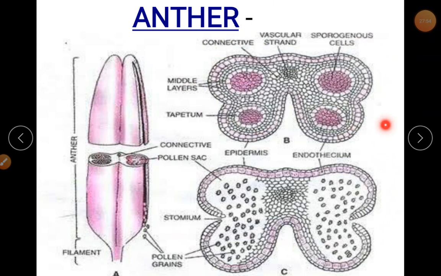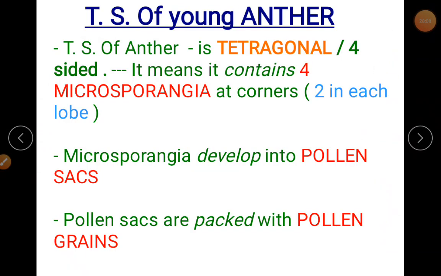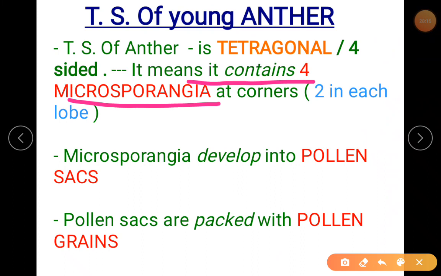It is tetragonal shaped. If you see it as a whole, it is a bilobed anther. If you take this section, it is like a butterfly. So it is 4-sided; we say tetragonal shaped. What does that mean? Tetragonal means it contains 4 microsporangia at the corners. That means in each lobe how many?